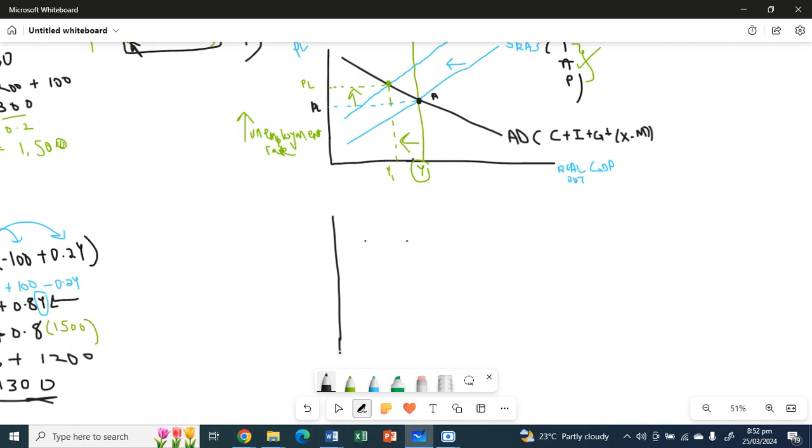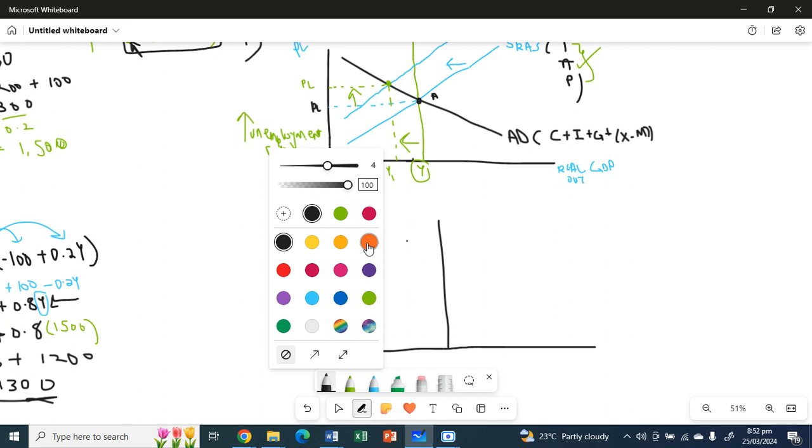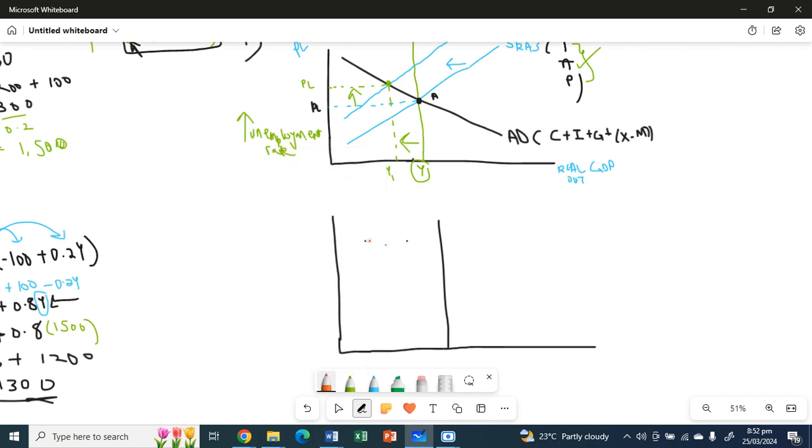So this one can be put under technology. Remember the shifters of short run aggregate supply. Technology is one of them. So we've got aggregate demand here, aggregate supply here.